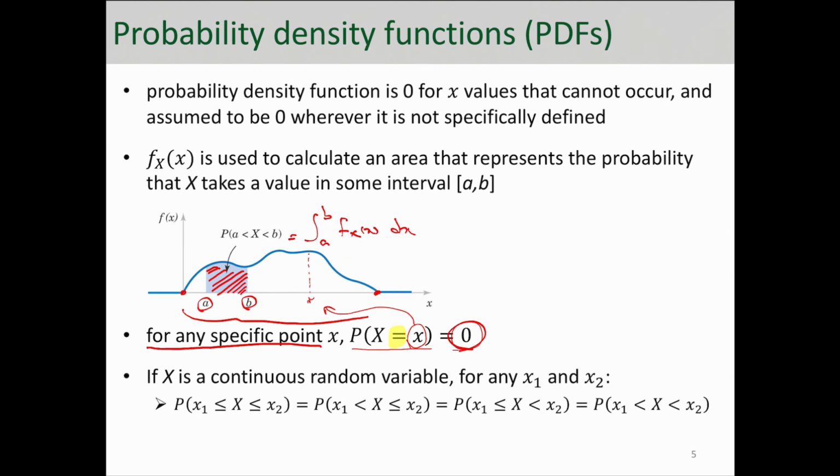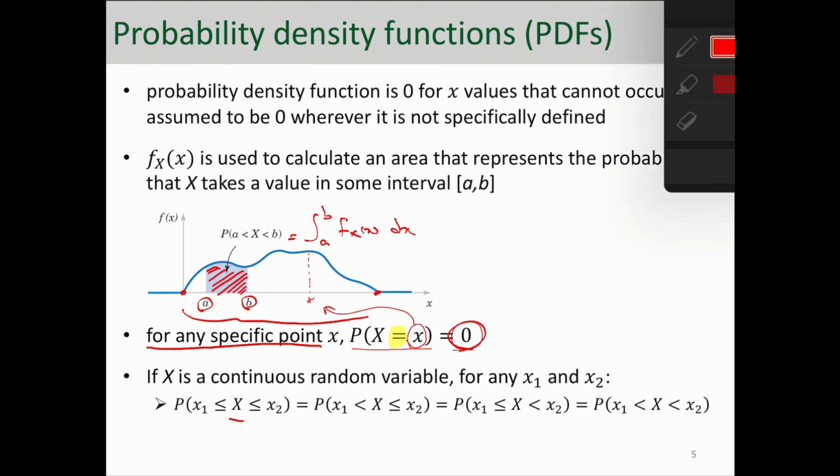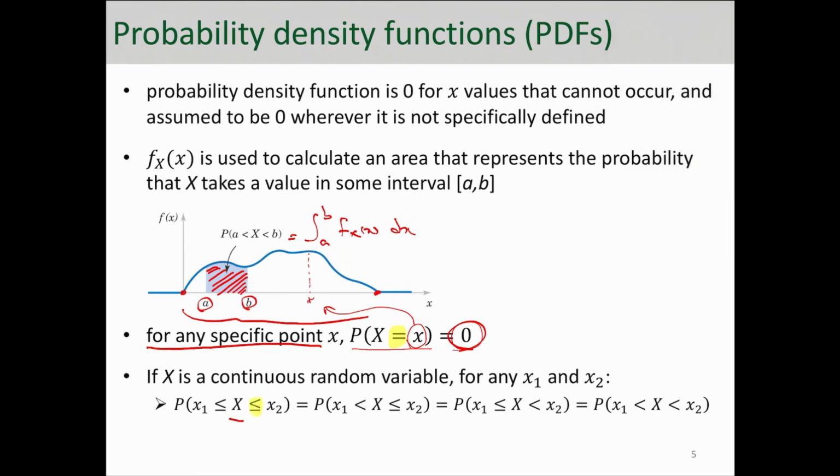Because of that, there is no difference between the probability of x less than or equal to x2 and more than or equal to x1, or just saying less than x2 and more than x1, or more than or equal to x1 and less than x2.